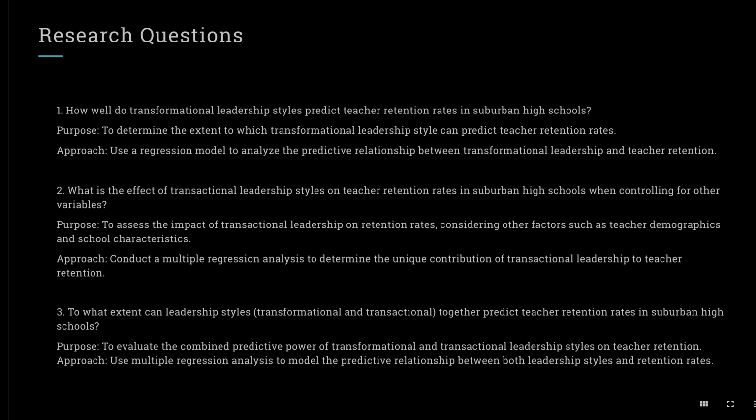Now we have, what is the effect of transactional leadership styles on teacher retention rates in suburban high schools when controlling for other variables? This still has the word effect in it, so we are talking about effects, but you'll notice there's nothing about this that's related to predicting something. So this is not based on your analysis choice.